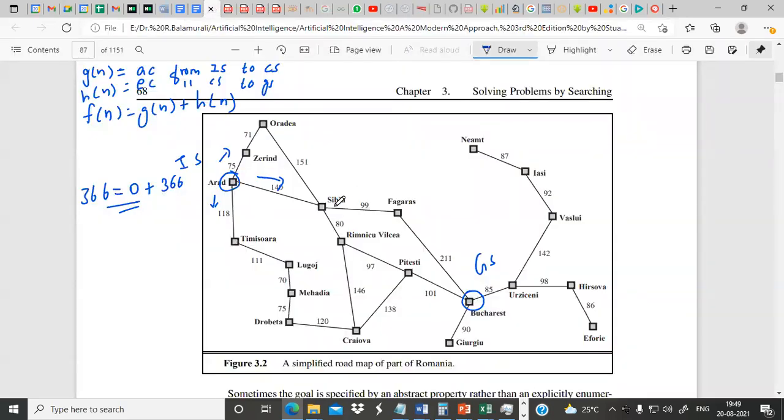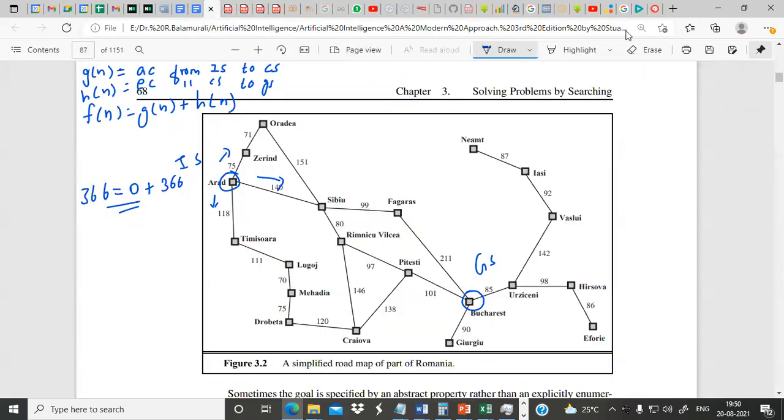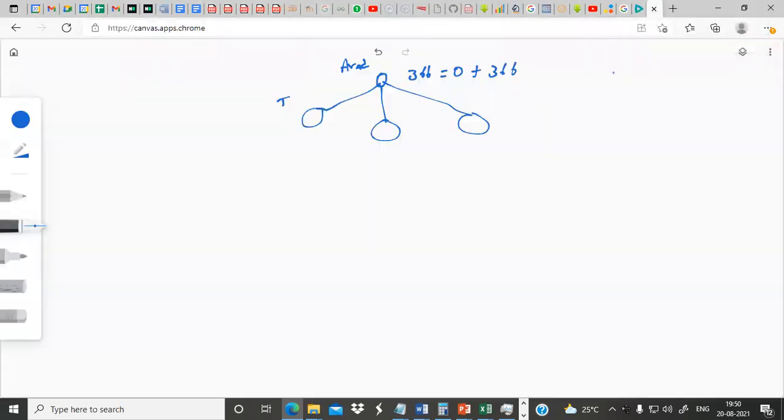We can move to Timisoara, Sibiu, and Zerind. So this is Arad. From Arad, we can move to Timisoara, Sibiu, and Zerind. I'm writing some short names.